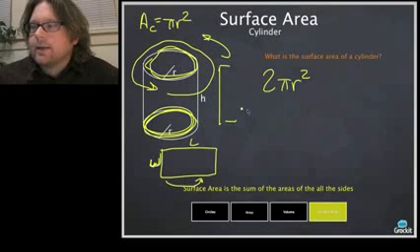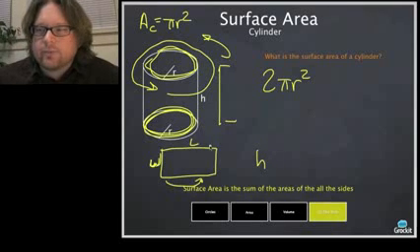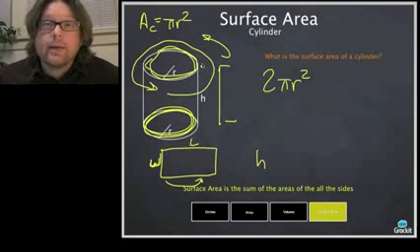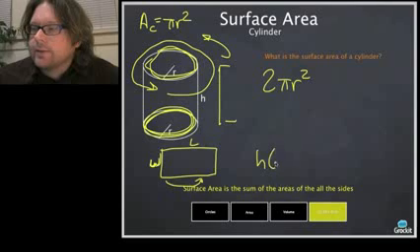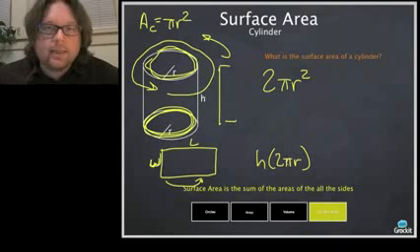Anyway, so the width is the height, so the area of this is going to be h. Now what's the length of this wrapper around our can? It's the same as the circumference of the circle, right? The circumference of the circle is 2 pi r, so it's h times 2 pi r. So length times width becomes height times 2 pi r.